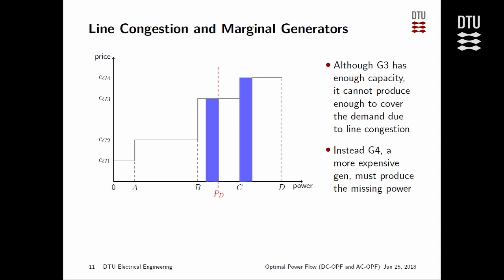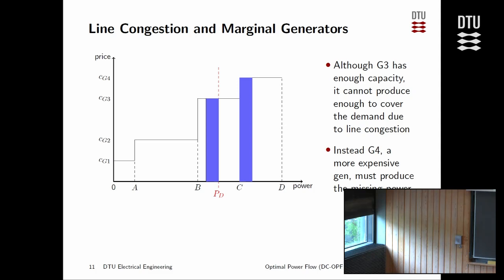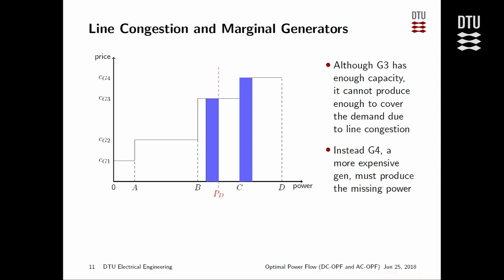Okay, so I'm moving to the DC-OPF formulation. And the problem is that as soon as we get the line constraints in, we might have congestions. So you can think of that in the most simple power system, which is a two-bus model.